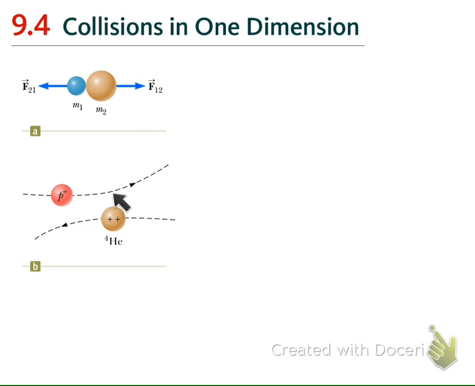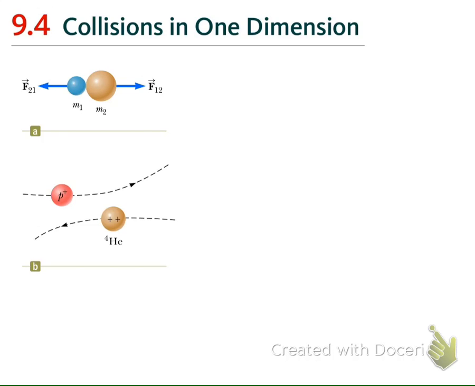This particle will move upward and that particle may move downward, and we also call this situation a collision, even though there is no physical contact.